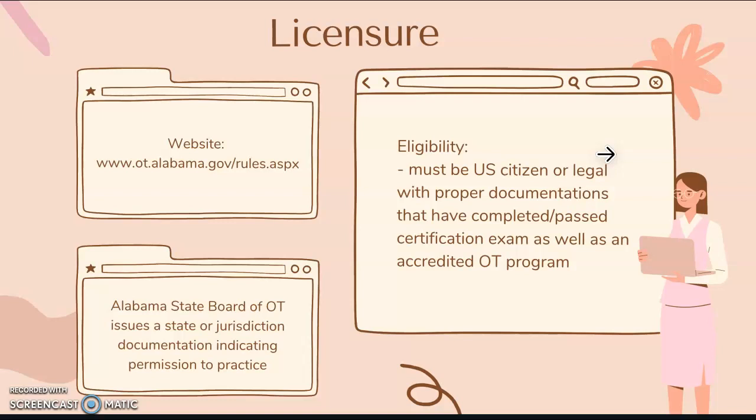The eligibility for licensure is you must be a U.S. citizen or have proper legal documentation that has been completed, and that you have passed the certification exam as well as an accredited OT program and completed all the fieldwork successfully.